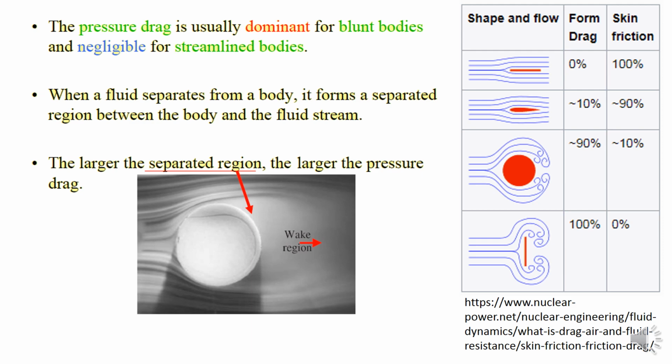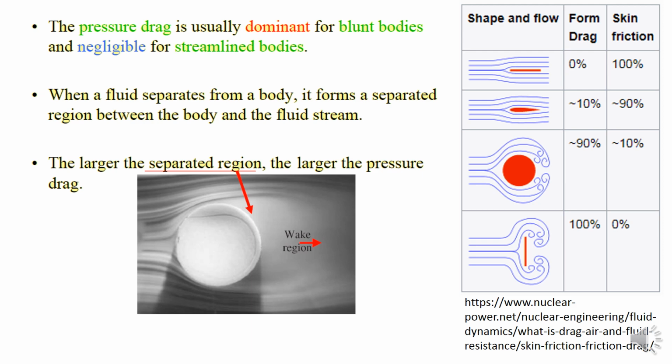And in figure number 3, which is a cylinder, same as the figure in the main slide, the drag force is roughly 90% and skin friction is 10%. This is what is being mentioned: the pressure drag is usually dominant for blunt body and negligible for streamlined body.